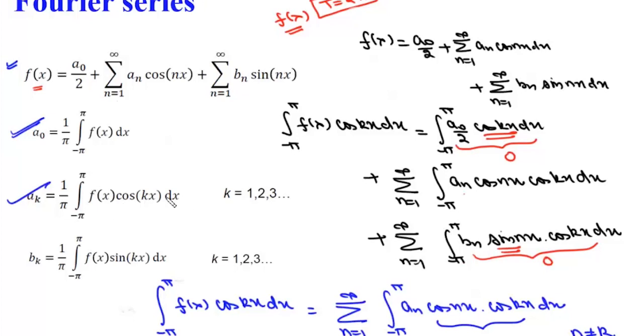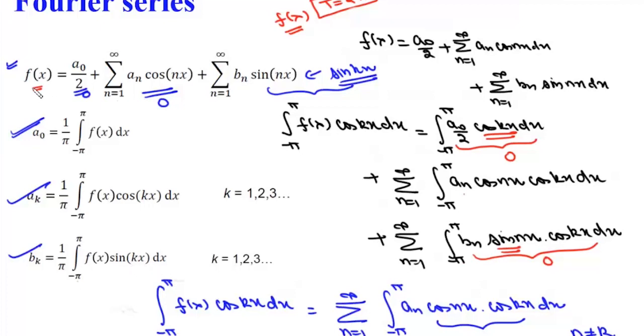So this ak will be 1 upon pi, the integral from minus pi to plus pi of f(x) cos kx dx. Now we multiply the series with sin kx. In that case, this integral will be 0, it will be an odd function, and again if we use orthogonality, we'll get the result that bk will be 1 upon pi, the integral from minus pi to plus pi of f(x) sin kx dx.